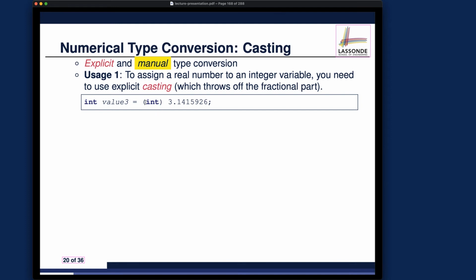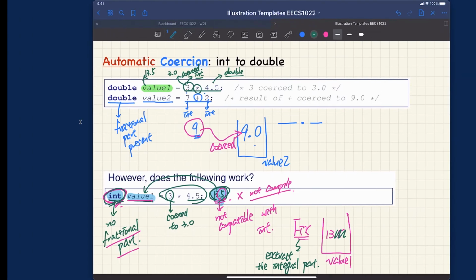This is the syntax: an opening parenthesis and a closing parenthesis, and inside you tell the compiler what type you want to cast it into. In this case, cast into integer, meaning that we're going to extract the integral part of this number, which would be just 3.